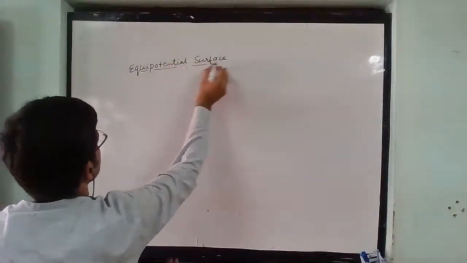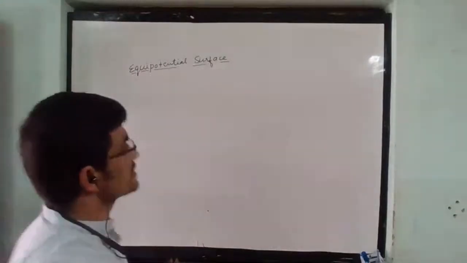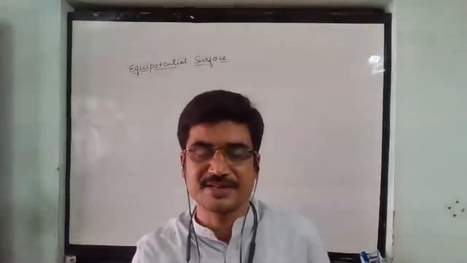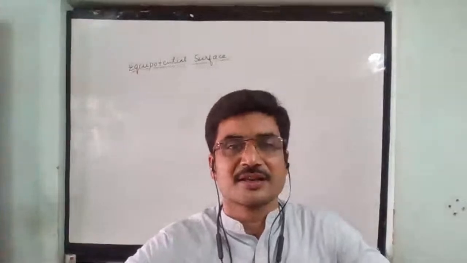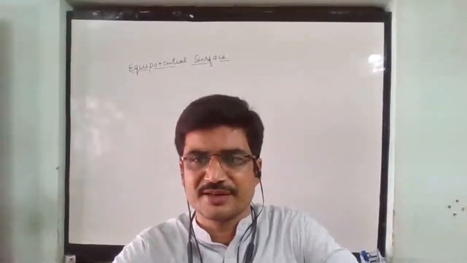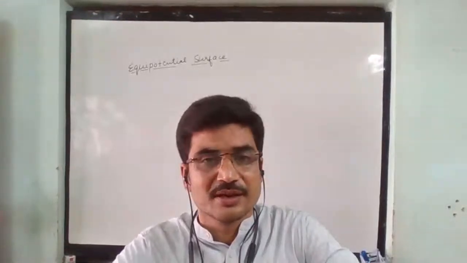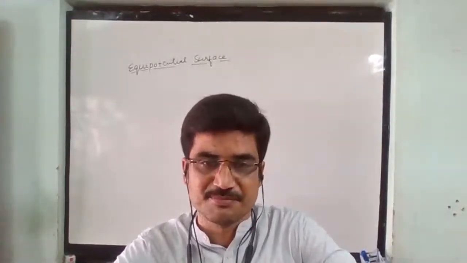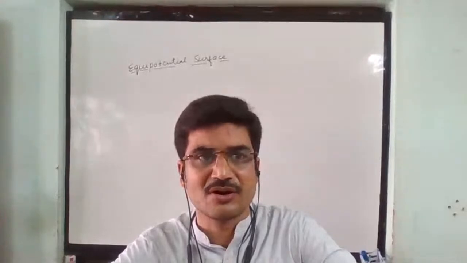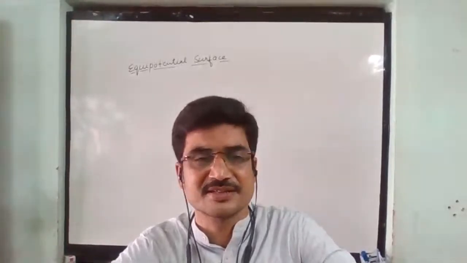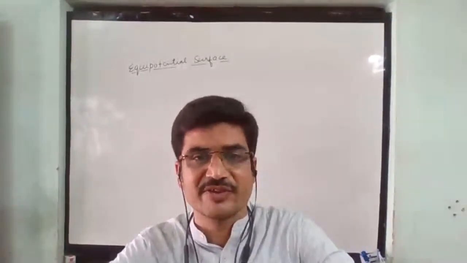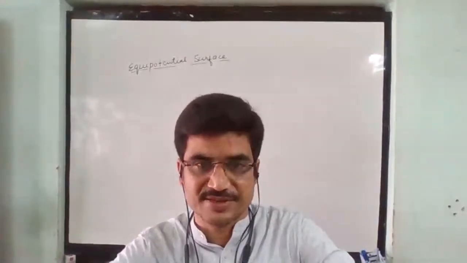As the name implies, the definition will be very easy. When you join all those points where the potentials are same, the combination of all the points where the potentials are same, that is called equipotential surface.